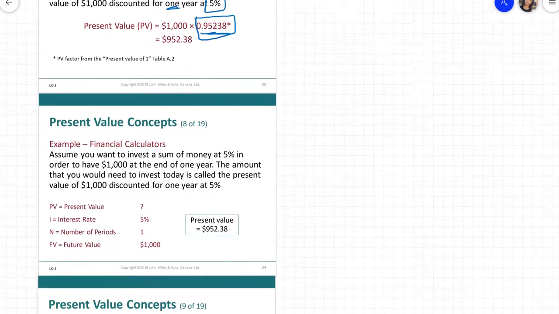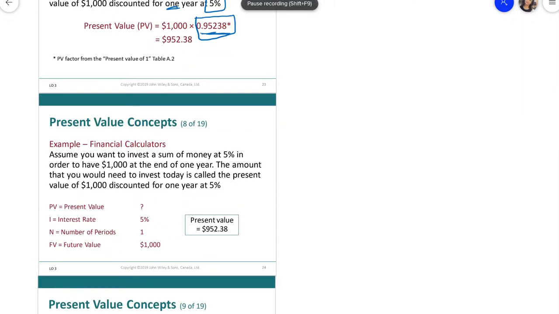The one we are going to be using is the financial calculator. I showed you how to use it. FV stands for future value, N stands for number of periods, IY stands for interest rate on your calculator, and you compute the present value.